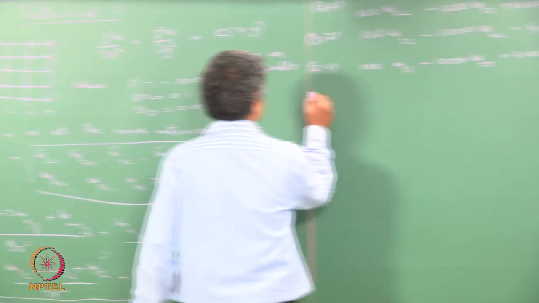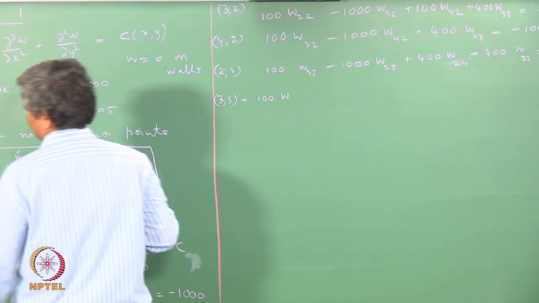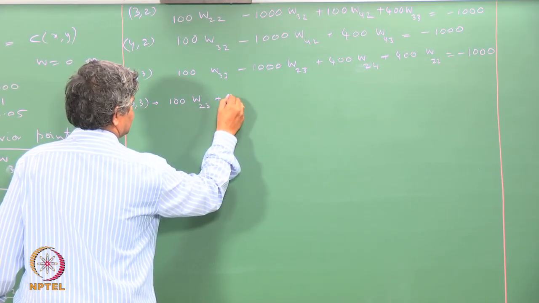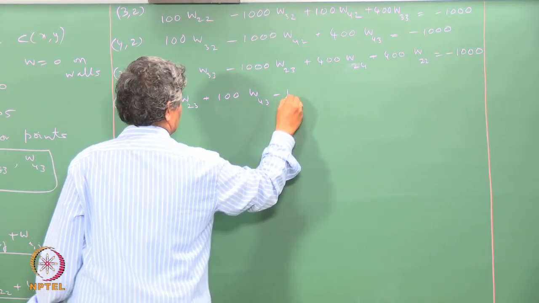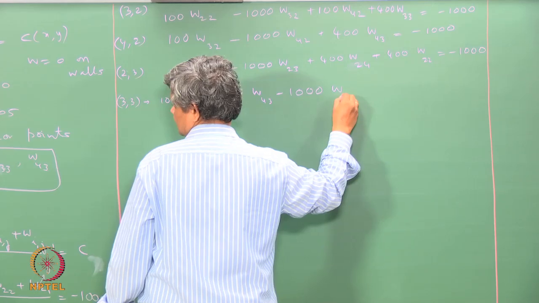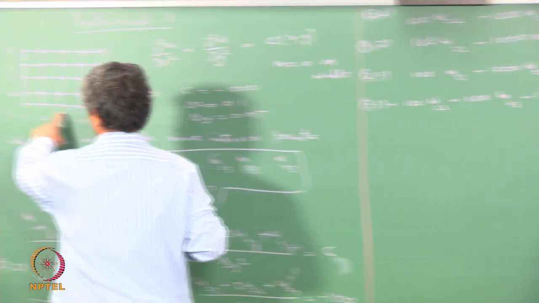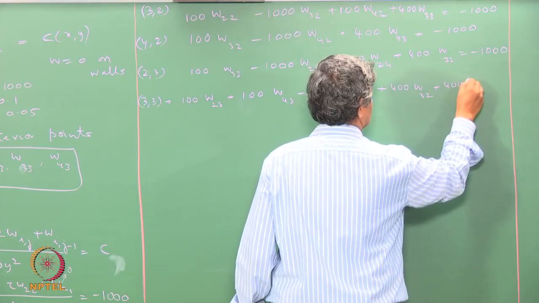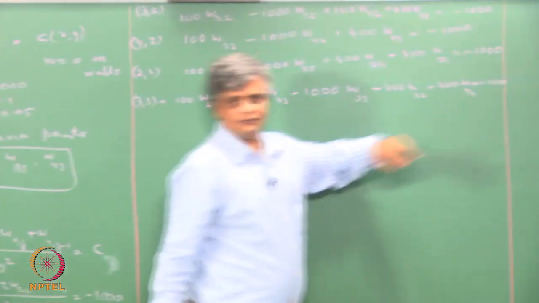So we have 100 of 23 plus 100 of 43 minus 1000 of 33 plus 400 of 32. So plus 400 of W34 will give us minus 1000.